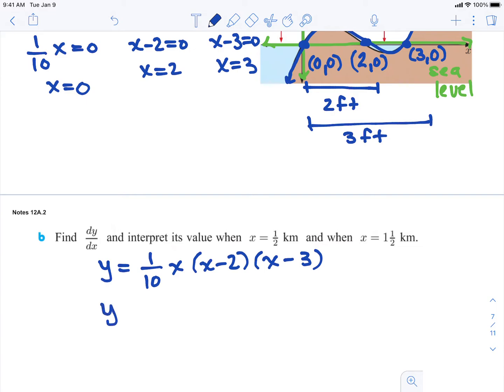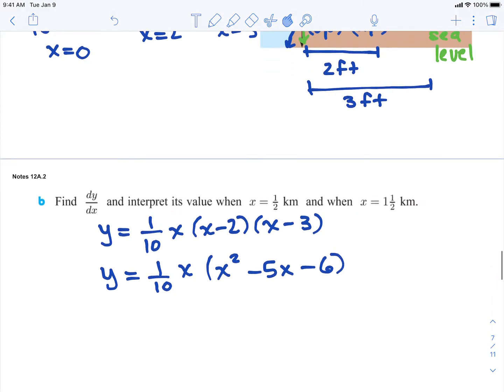We first need to FOIL those two binomials: first, outside, inside, last. So there is a quadratic. And then we need to distribute this 1/10 into all of those terms.